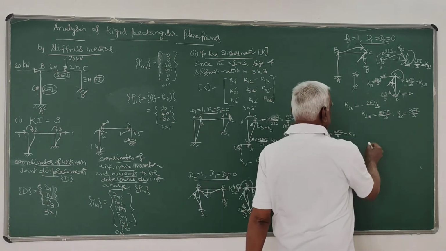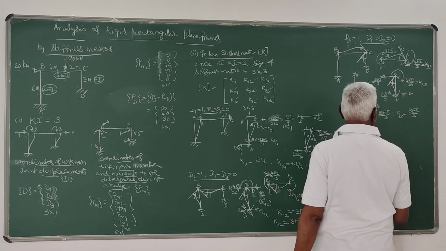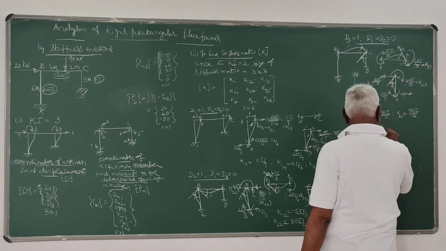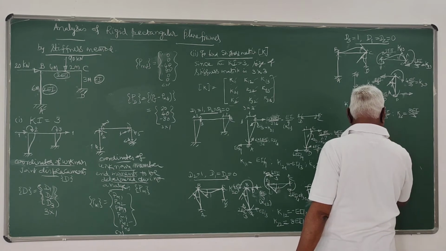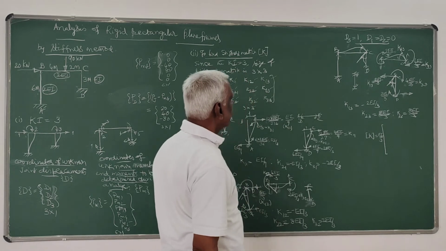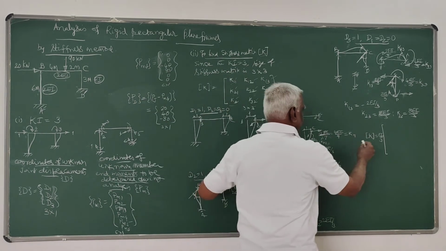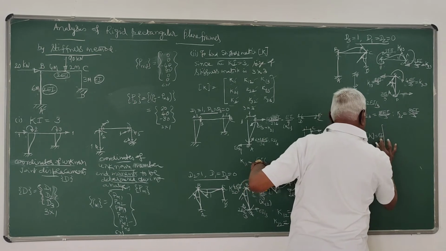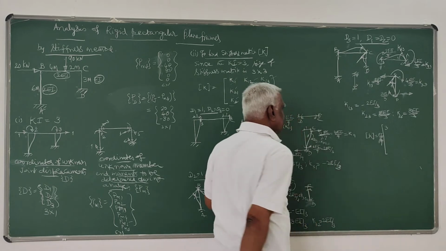Therefore, you can write the K matrix, that is the stiffness matrix, as I will take EI by 9 outside. K11 is EI by 3, EI by 9 I have taken outside, so here it has to be 3.